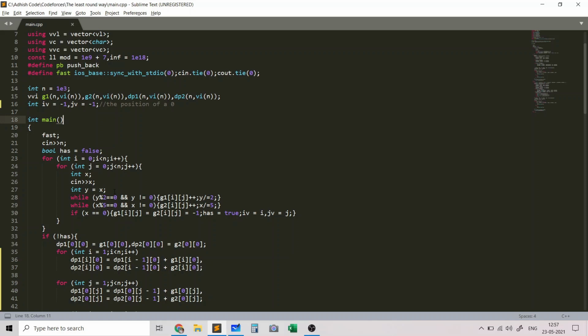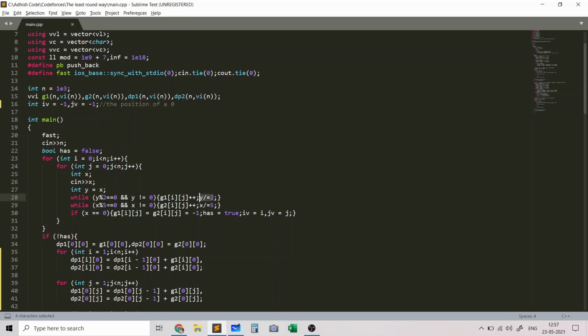Then I take in the number, and while that number is not equal to 0 and is divisible by 2, I increment g1 of ij and I divide that number by 2.